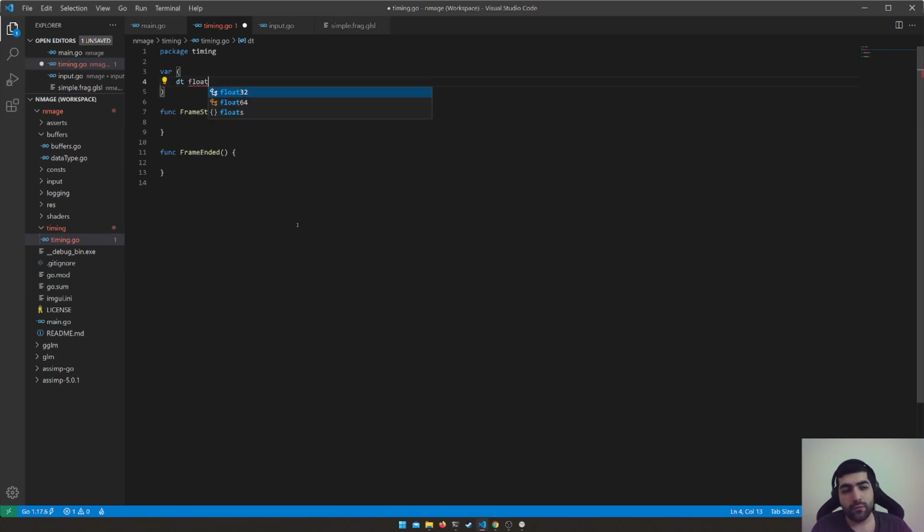I think float32 is good enough. And we might want to initialize it to something very small, so that if someone uses it at startup, we don't give them a 0 in case they are dividing or doing something like that, and then it gets an error. All right, that's the delta time.